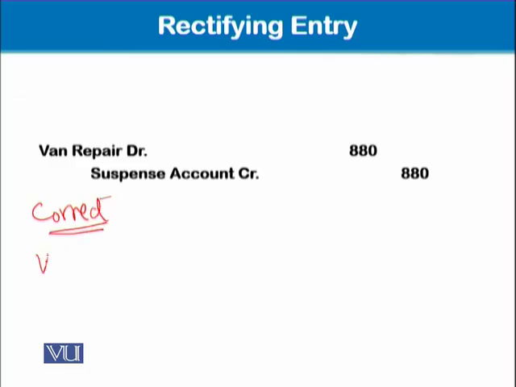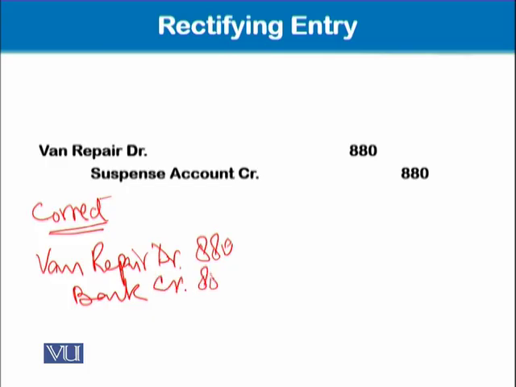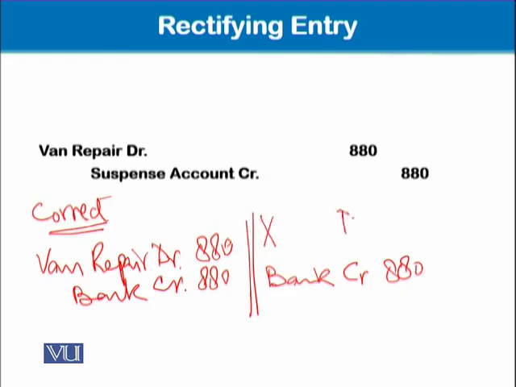We know very well that its correct entry was van repair debit with 880 and bank was to be credited with 880. So what happened that bank was correctly credited with 880, but there was nothing in the debit.